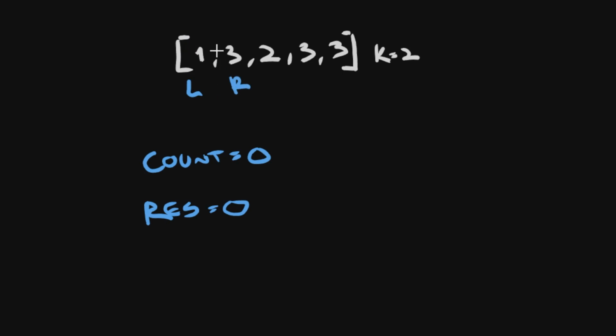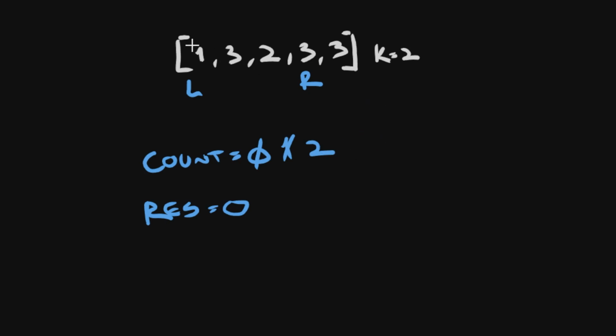Now right is here and 3 is our maximum value, so the count is now 1, and we update right again. Now right is here and 2 is not our maximum value, so we update right again. Now right is here and 3 is our maximum value, so now the count is 2. And now our count equals k.